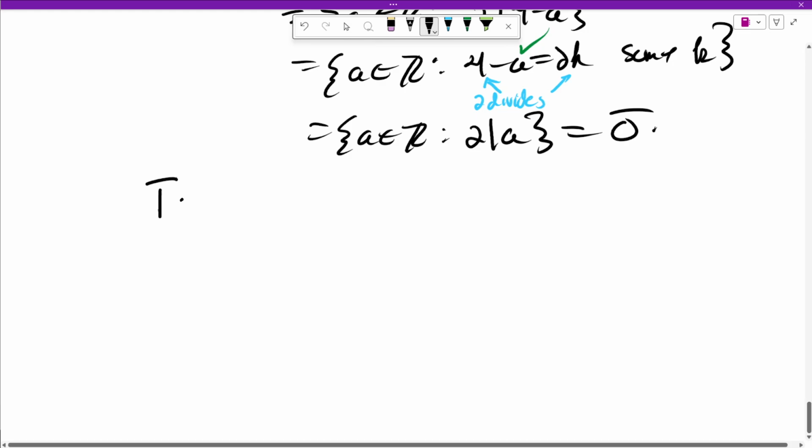Let's look at 1 bar, which we could write as 1 bar or as brackets 1. Again, it's just notation. It means the same thing.